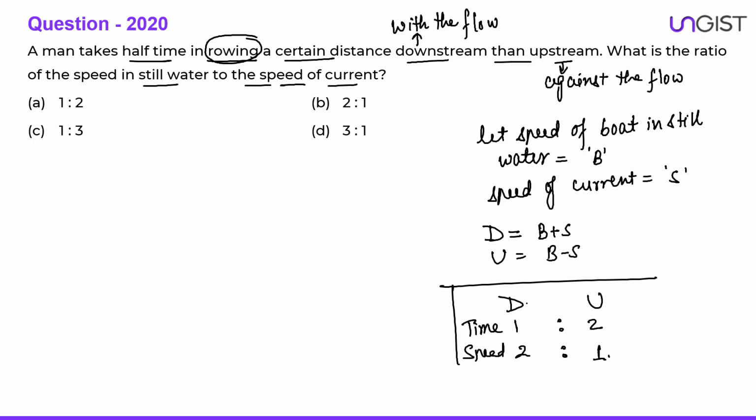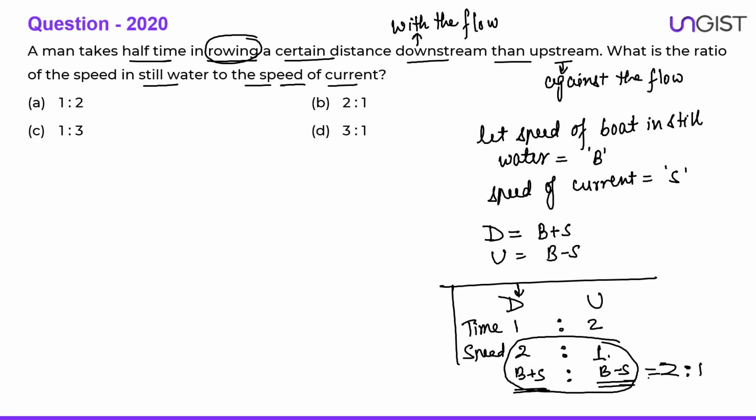D is B plus S and U is B minus S. So the ratio of B plus S to B minus S will be 2:1, right?